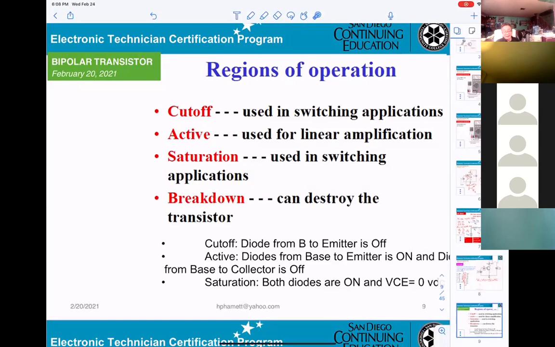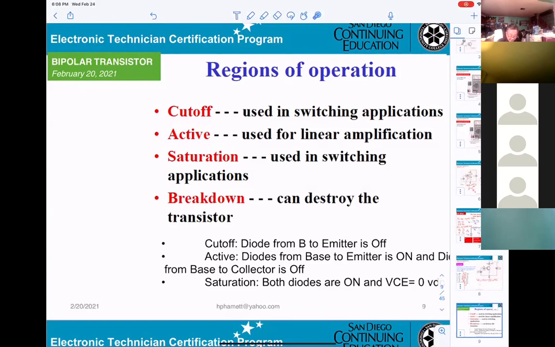If you're learning digital, you learn AND gate, OR gate, then inverter, inside the transistor. However, the transistor must be working in saturation. Okay, last thing is breakdown, it will destroy your transistor.